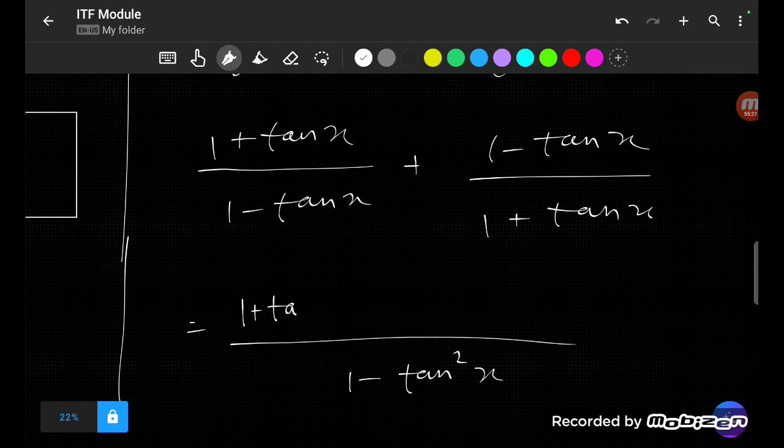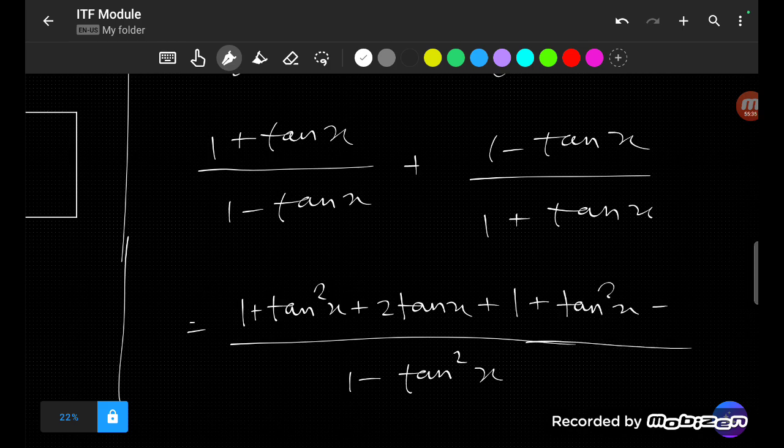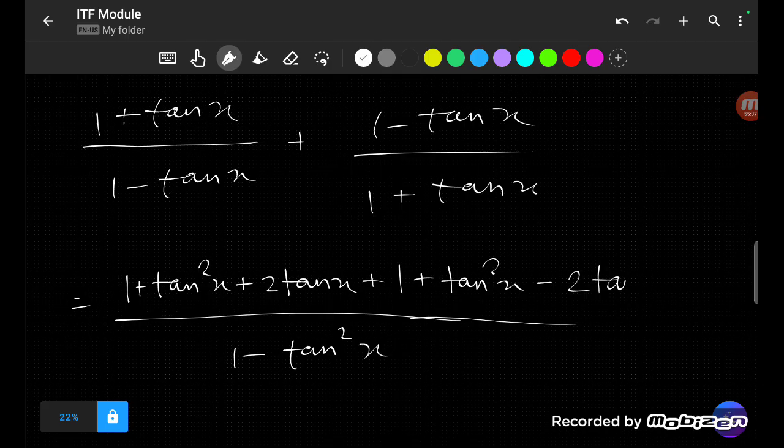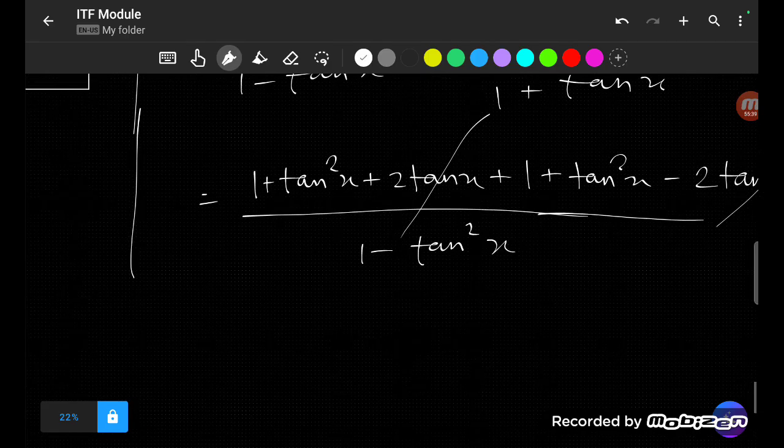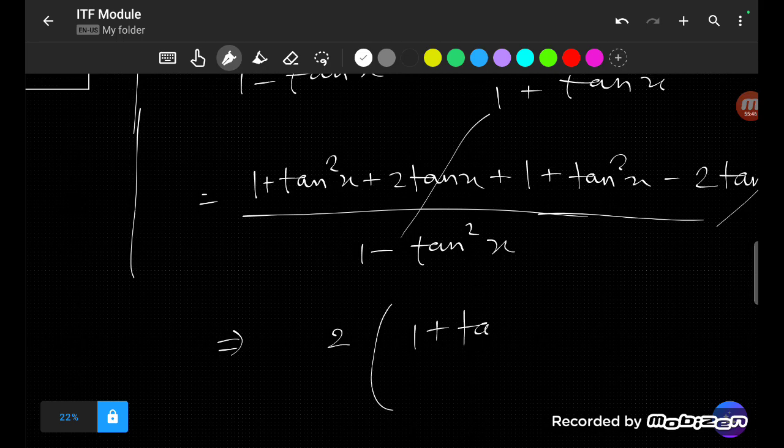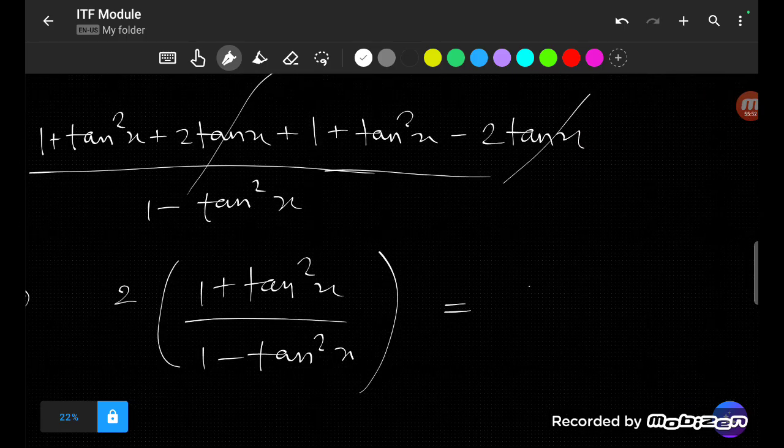Having 1 plus tan square x plus 2 tan x plus 1 plus tan square x minus 2 tan x. This is 2, 1 plus tan square x, 1 minus tan square x. Yeah, and the formula for this is 2 into 1 by cos 2 theta, 2 cos 2x.